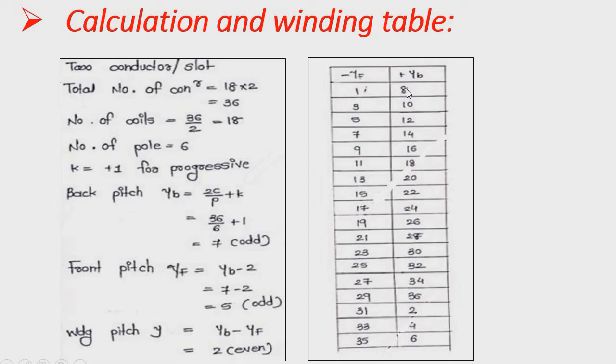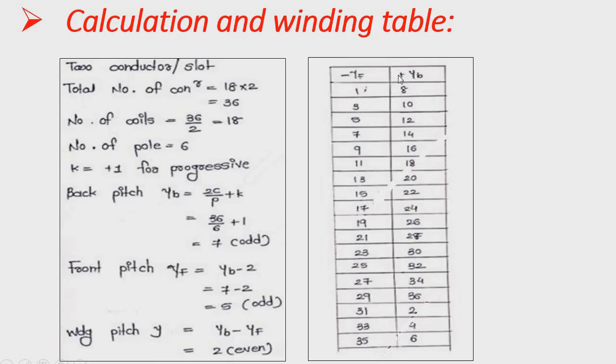Now it is a lap winding, that's why the next conductor of the second coil is found by, this is a front conductor and this is a back conductor, that's why this is YF and this is YB. So YB is positive and YF is negative for the lap winding.